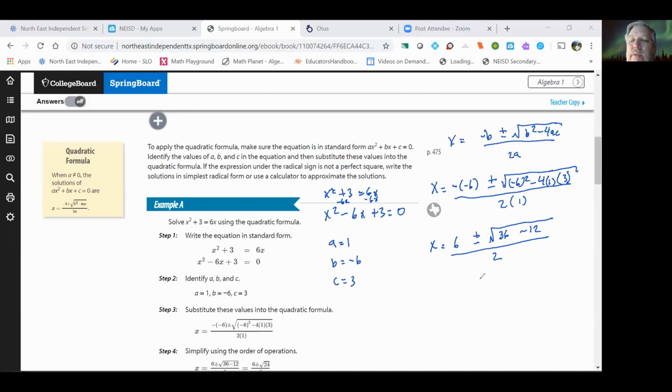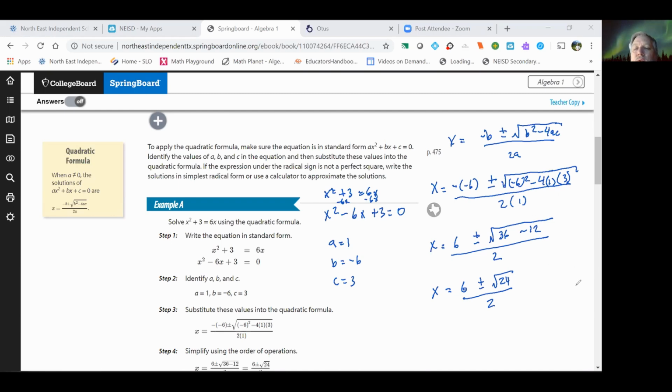I can simplify this further. 36 minus 12 is going to be 24. So x is equal to 6 plus or minus the square root of 24 over 2. And then we can look and see whether we can simplify the square root of 24.